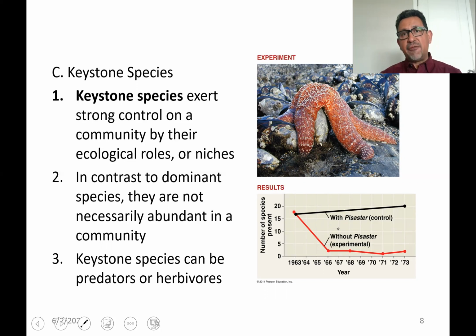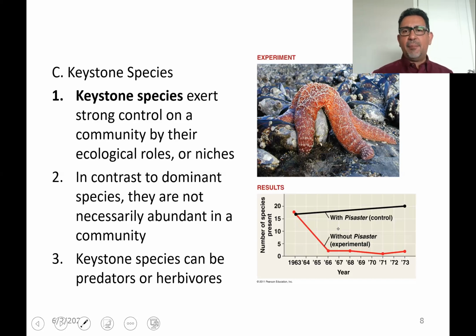If you leave them unchecked, meaning if you just let those other species do whatever they want to do, they can take over an area, become more abundant, and take more of the resources than they should be allocated to have.